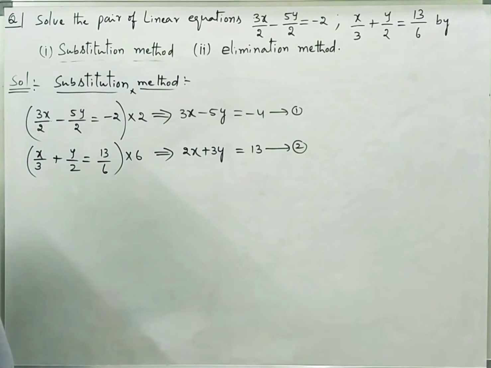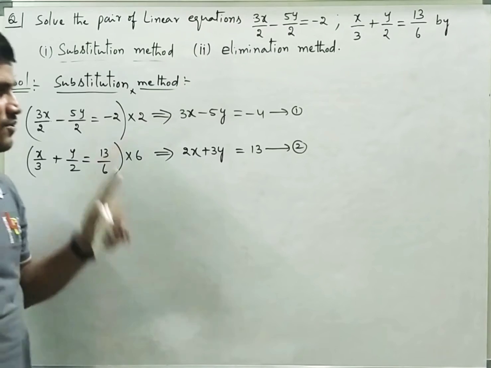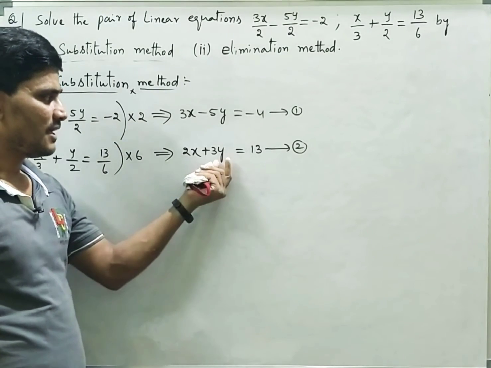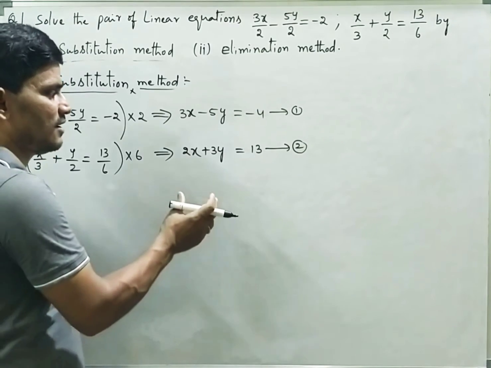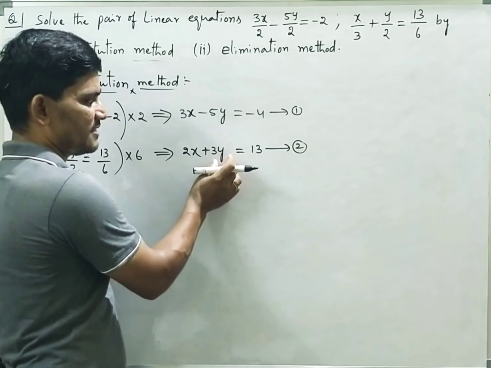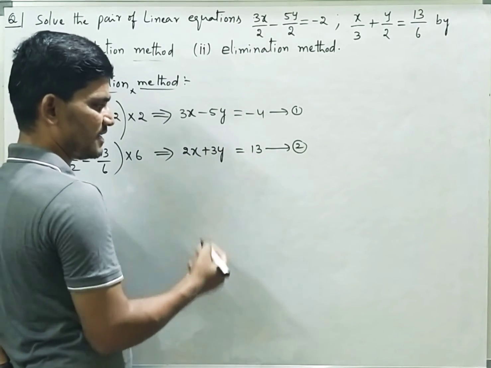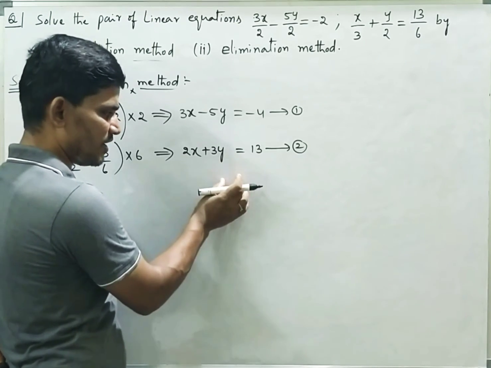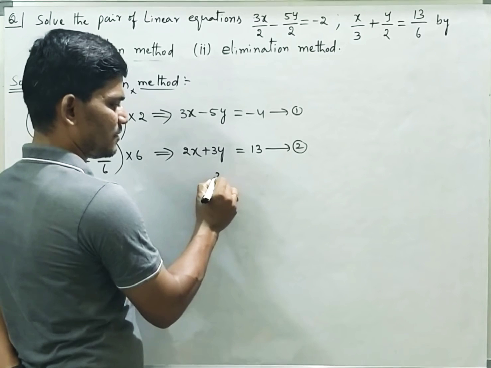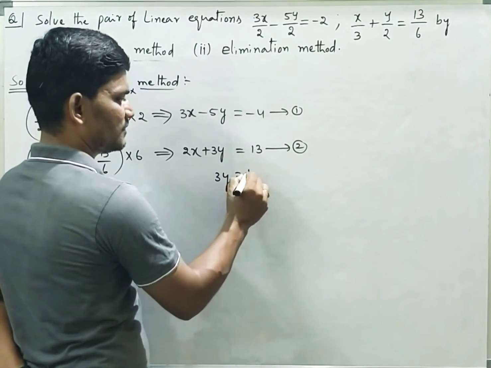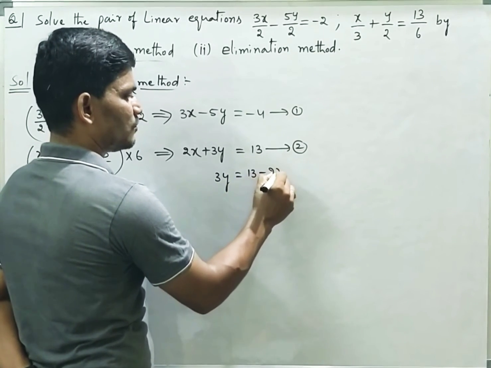Now, in substitution method, we have to write any one of the variables in terms of the other, that is, we have to write y as subject. So let me write y as subject. That means keep only y in the LHS and bring all the terms into the RHS. Now 3y = 13 - 2x.